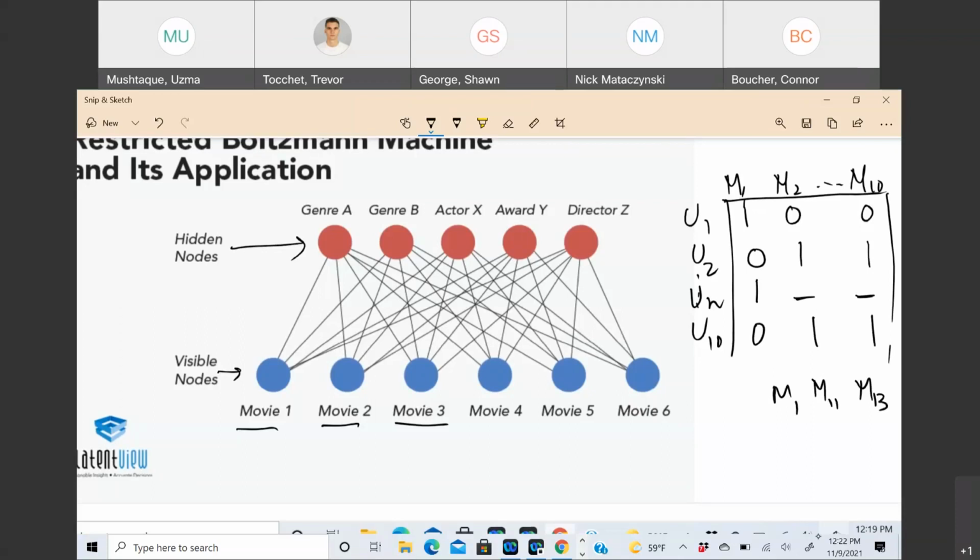Every time some user likes this movie, they always dislike these. And if they dislike this movie, they always like these two movies, right? So in some ways, there is some kind of relationship amongst these movies, and this relationship can be captured in this node here.